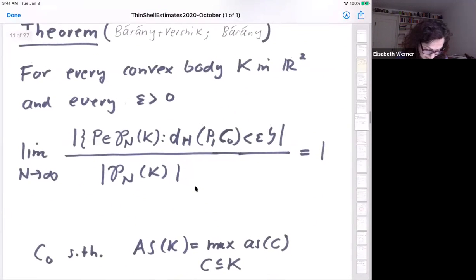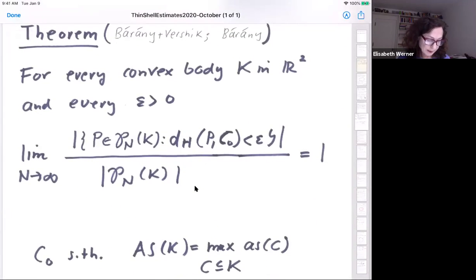So it's again due to Barany and Werner in the case of the square, and Barany for a general convex body K in the plane. What does it say? It says that the limit, as the lattice grid gets finer and finer, that is as capital N goes to infinity, of this quantity here exists and is equal to 1. What do we have in the bottom? It's a slight abuse of notation, because this norm of course doesn't denote volume, it just denotes cardinality.